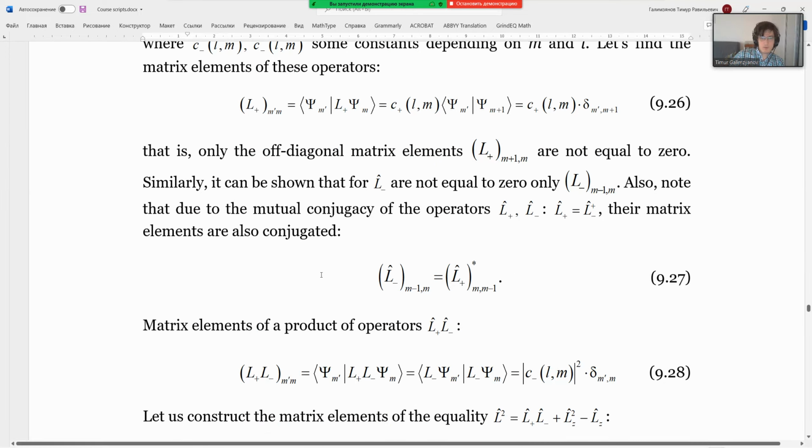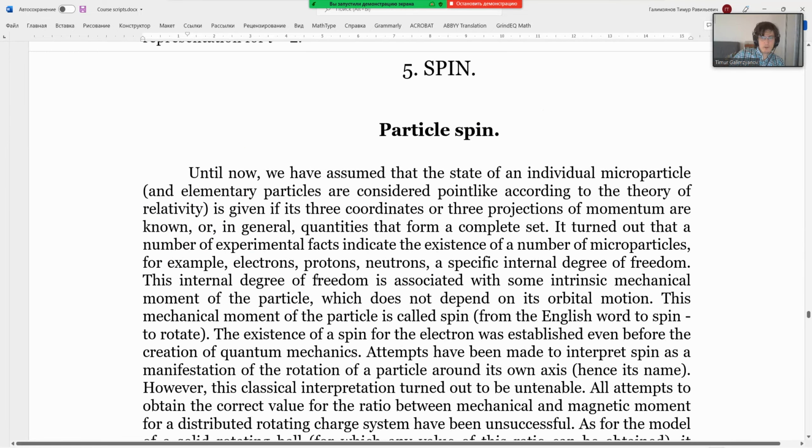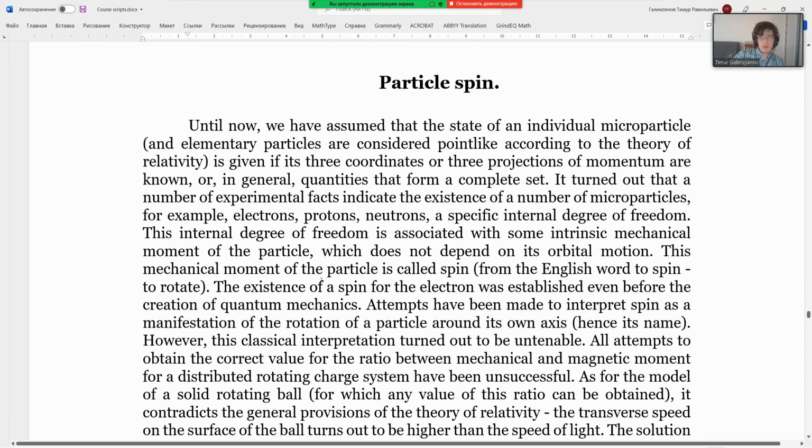I will skip this part for now, and as the last part of this lecture, I want to speak a little bit about the particle spin. We talked about angular momentum, and classically speaking, we can imagine angular momentum in two ways.